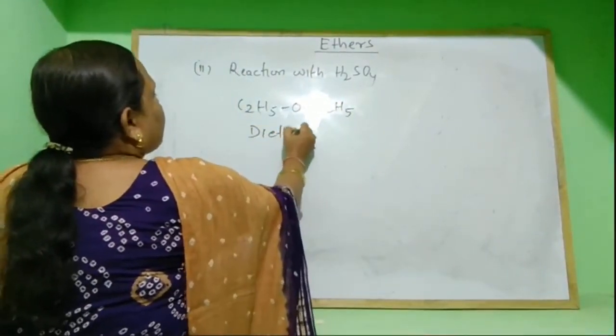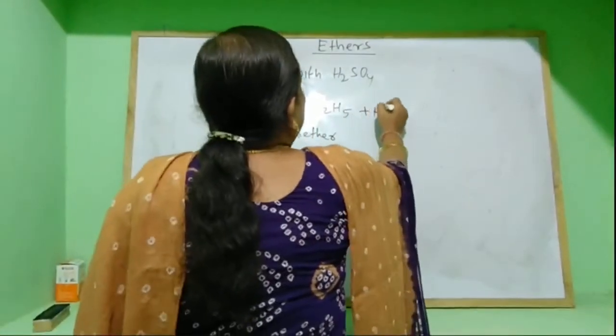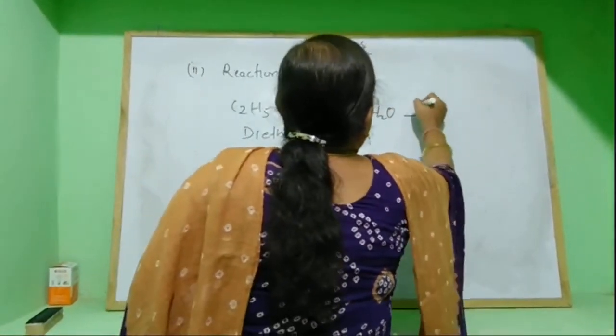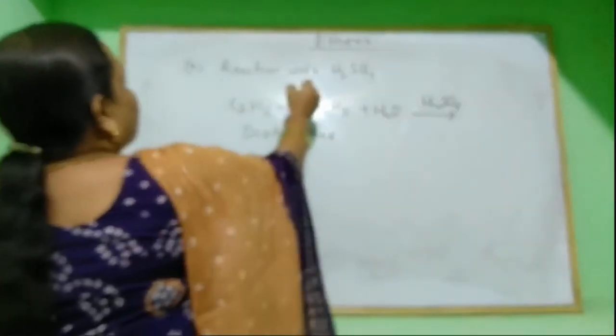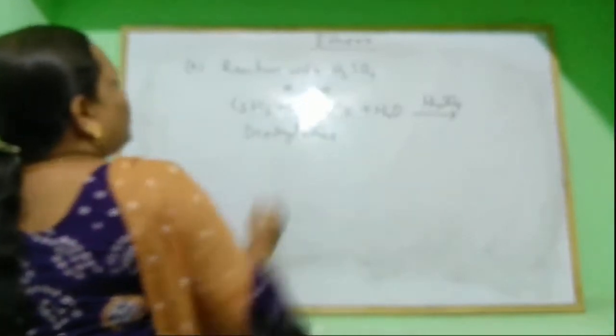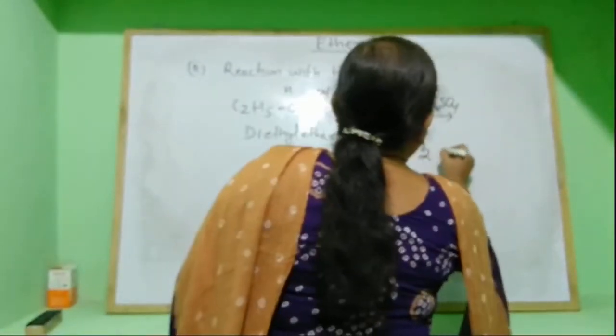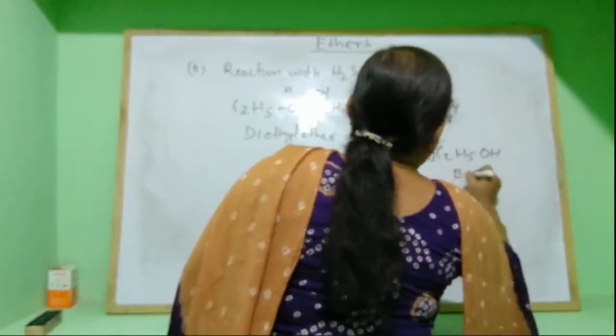Diethyl ether plus water, with sulfuric acid, undergoes hydrolysis to form alcohol, ethanol.